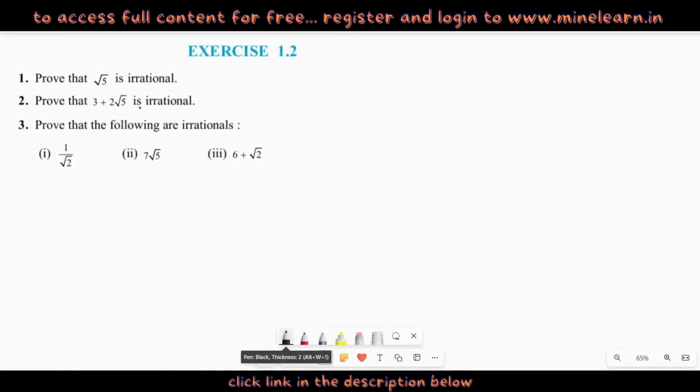Now we are going to prove root 5 is irrational by the contradiction method. Now let us see.